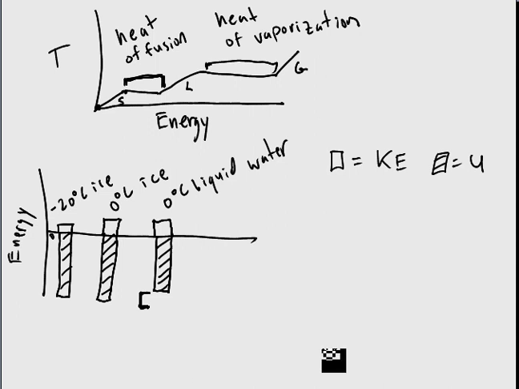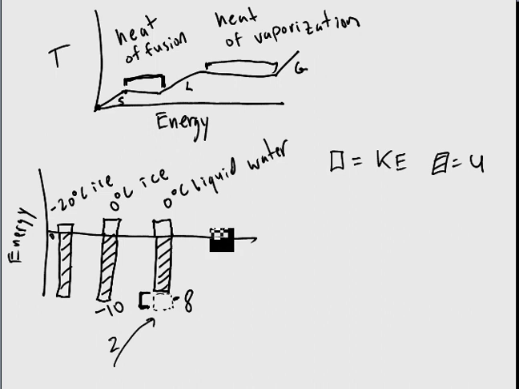So as example numbers, if it were negative 10 for the ice, maybe it's negative 8 now for the liquid, which means there used to be negative 2 units of potential energy down there that aren't there anymore. And to do that means we added 2 units of energy to go from negative 10 to negative 8.